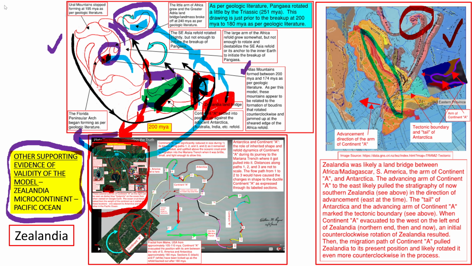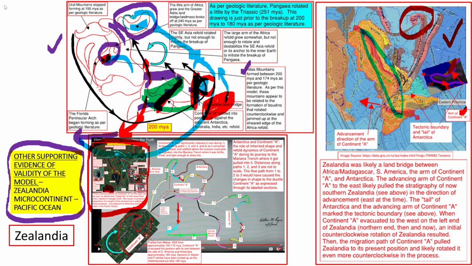So if you look at this diagram to the right, it shows Zealandia featured basically where I put the green highlight there. And what I drew in is the arm of continent A outlined in purple here. And this is the tail of Antarctica over here where I'm highlighting, and South America is right here.